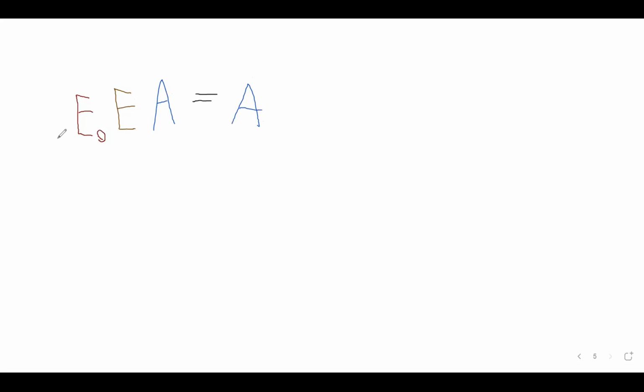So you multiply on the left by E naught E any matrix A, and you get A. This E naught E is the identity. And so E naught E is equal to I, and that's what I'm writing there.